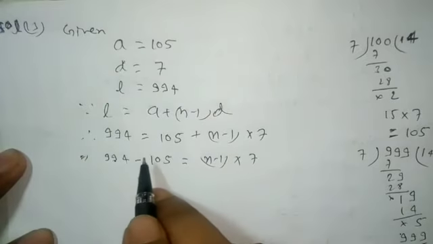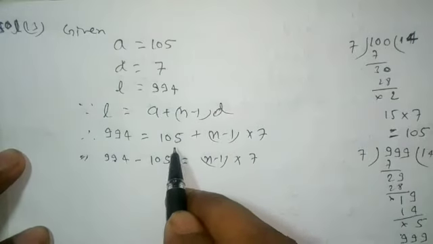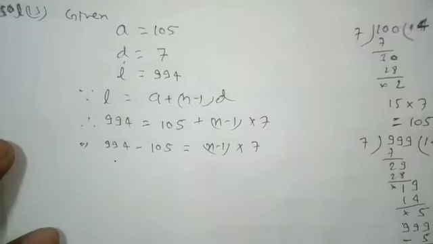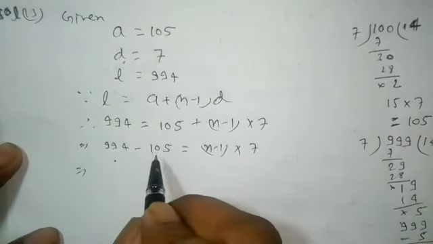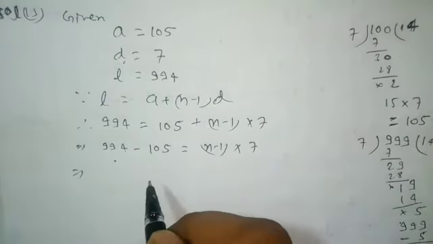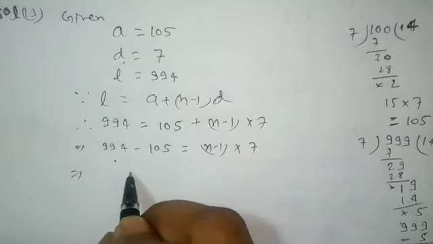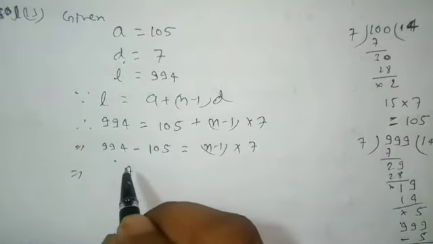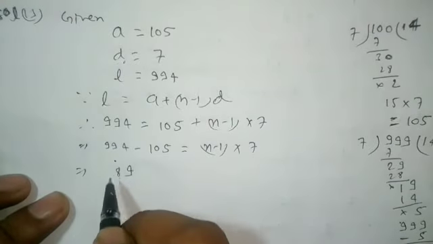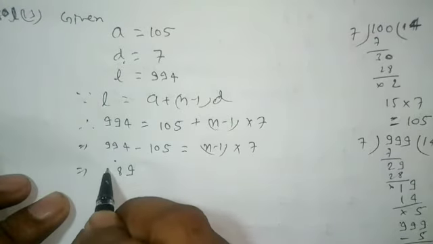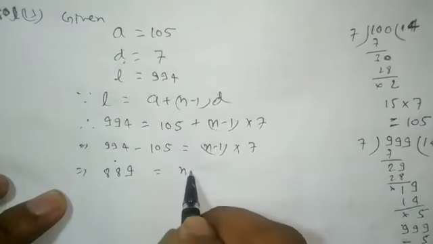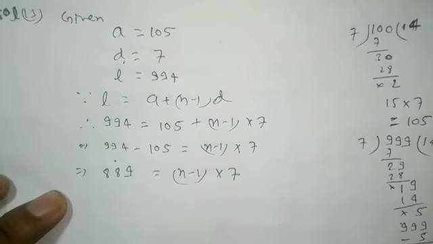Subtracting, we get 889 is equal to n minus 1 into 7.